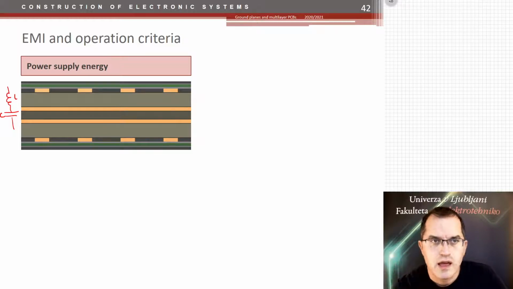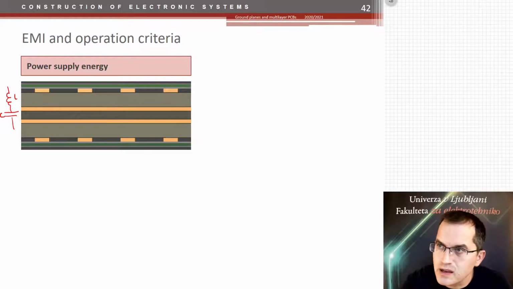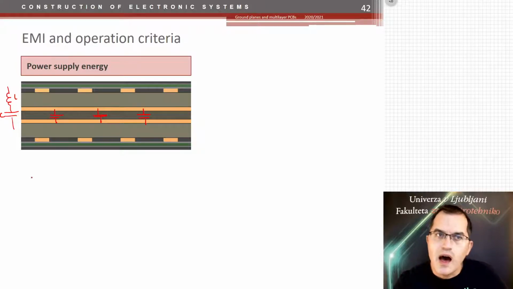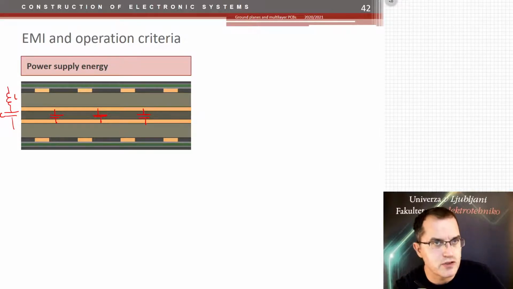So you cannot make it smaller than to a certain extent. Which means that for the highest frequencies, I'm talking about gigahertz now, you cannot achieve good powering without a nice big ground plane just below the nice big power plane. So the ground plane and power plane are here now forming a capacitance of the highest possible quality. And all the power that comes from that capacitance at high frequencies would then power the chip.